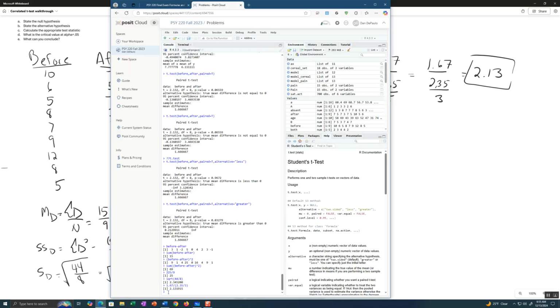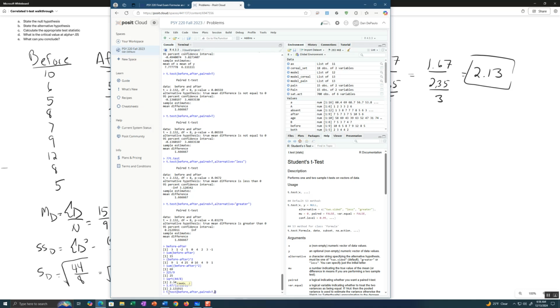And like everything else I'm doing here, we're going to test it against R, the all-knowing R. And I'm going to test that as before, comma, after. And we want to do paired equals true.